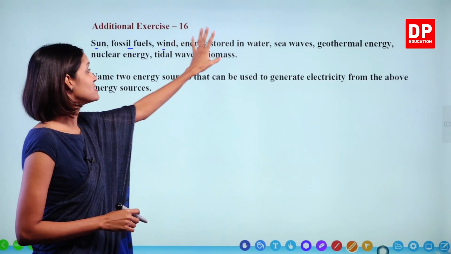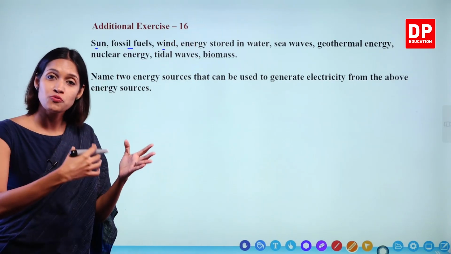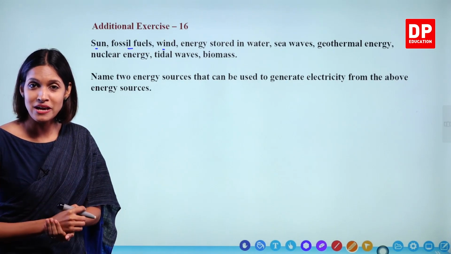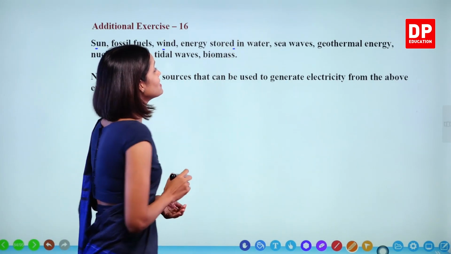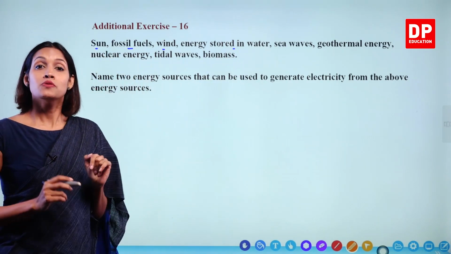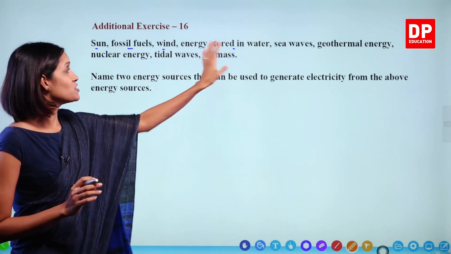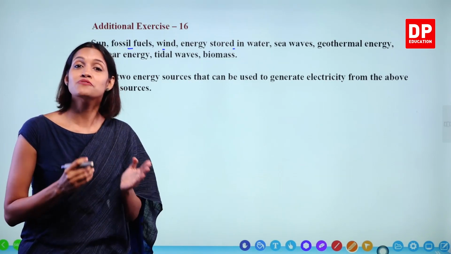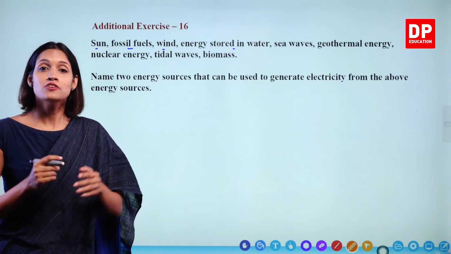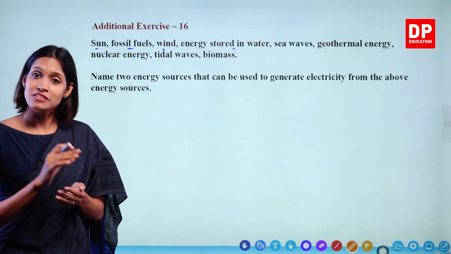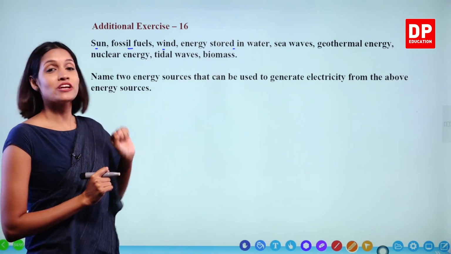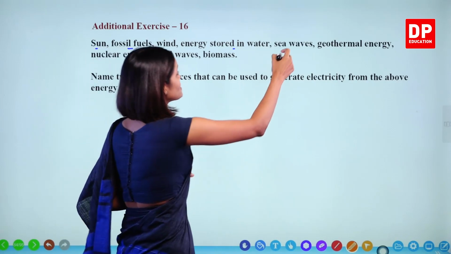In hydropower stations, using a flow of water, we can rotate a turbine and generate electricity. That is also correct. Sea waves. We even watched a video clip related to this one. Using sea waves, we can generate electricity. We can install floating power plants in the sea and generate electricity. Right? This is also correct.